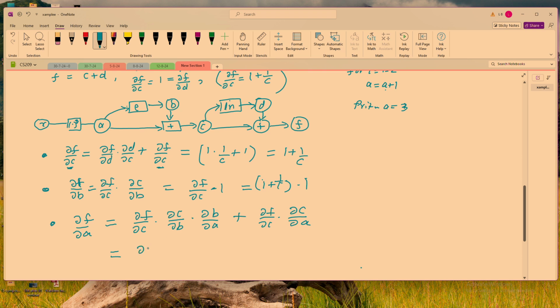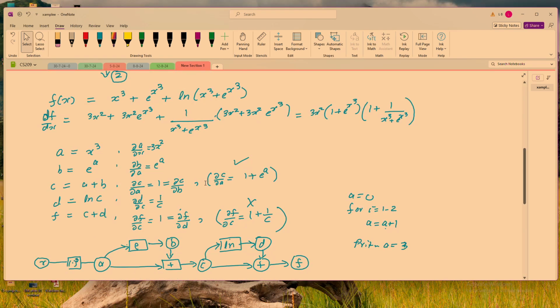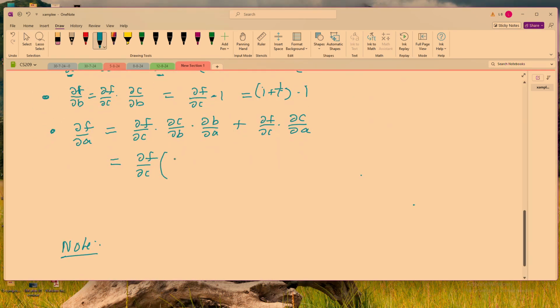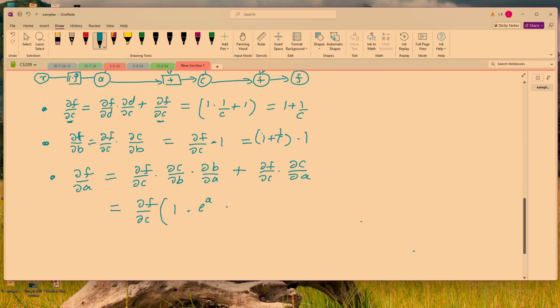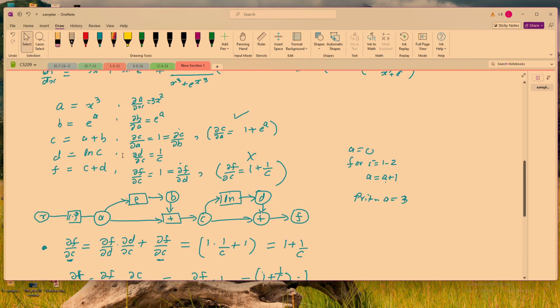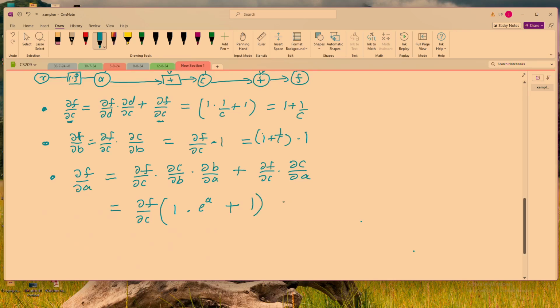Okay, so now if I keep the df over dc separately, dc over db, what you have computed earlier is 1, yes? Yes or no? So I substitute that, times db over dA is e to the a, plus the other path taken out forward, dc over dA, again I am substituting it as 1. So this is nothing but df over dc into 1 plus e to the a.